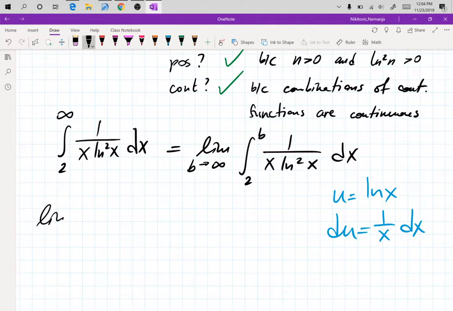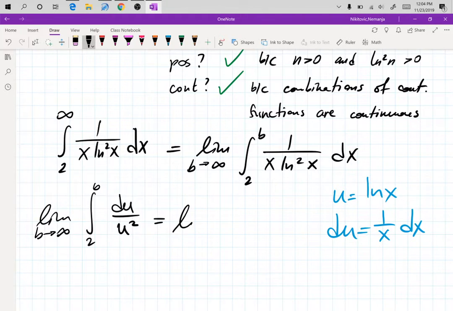So now I have the limit as b goes to infinity, and the integral from 2 to b, and I plug in: du over u squared, because the ln is replaced by u, but ln is squared, so that's u squared in the denominator. 1 over x dx becomes du.